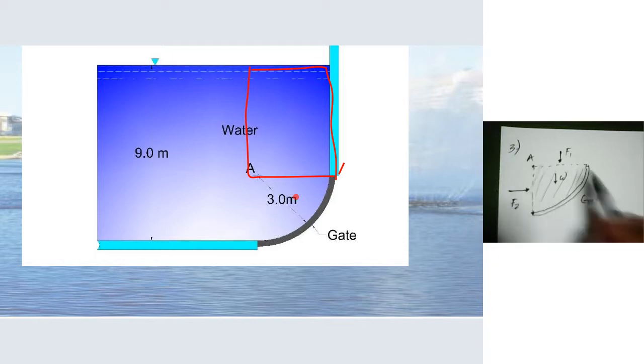Now, these forces will be counteracted by F sub H, or the force along the horizontal, and F sub V, or the force along the vertical. And these are the two variables that we need to solve.